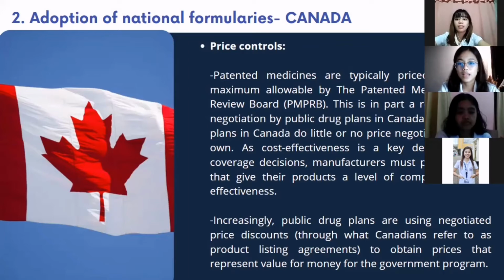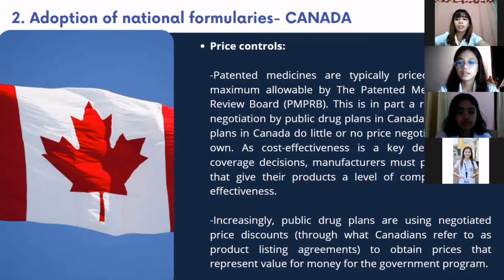Private drug plans in Canada do little or no price negotiation of their own, as cost effectiveness is a key determinant of coverage decisions. Manufacturers must price at levels that give their product a level of comparative cost effectiveness.